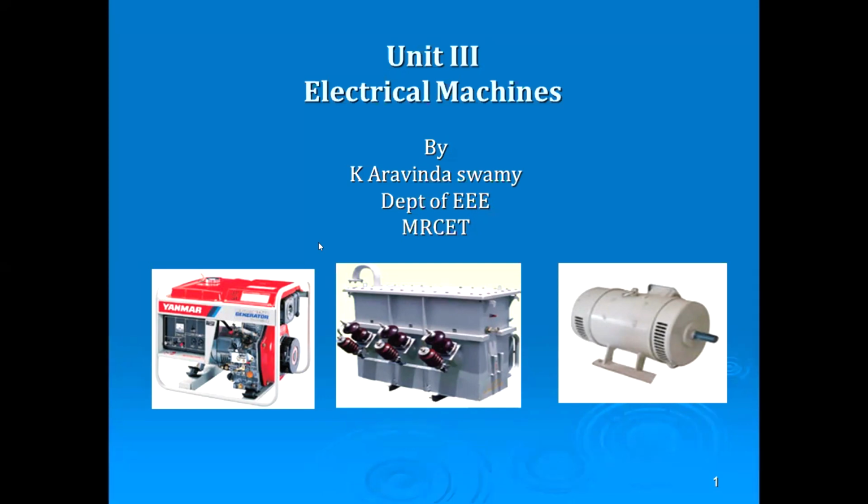At the same time, the power is generated at 11 kV. If you transmit the power at 11 kV, the efficiency of the transmission system is very low at that lower voltage. But sir, 11 kV is high, why are you saying low? 11 kV is low for transmission.